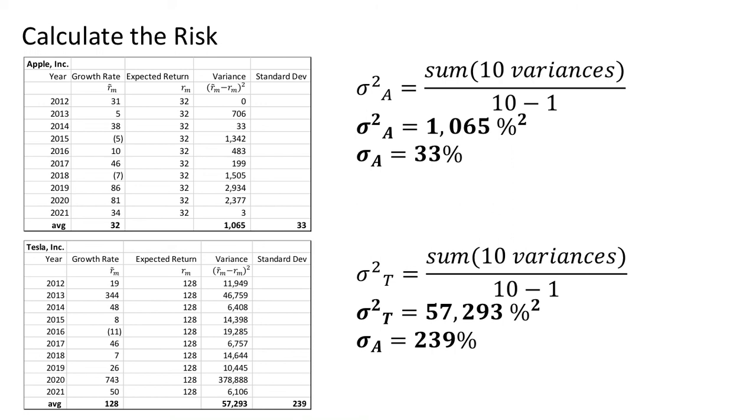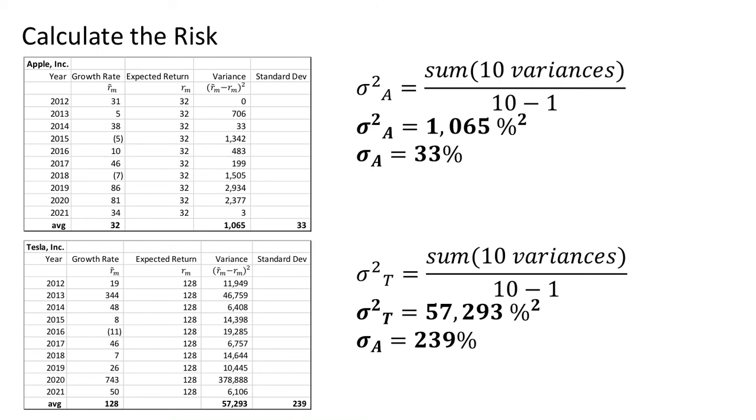We put in the returns for Apple Inc. from 2012 to 2021, 31%, 5%, 38%, negative 5%, 10%, so on. We calculate the average annual growth rate, 32%. We assume that's going to be our expected annual rate of return on Apple Inc. in each of the years, 32%.